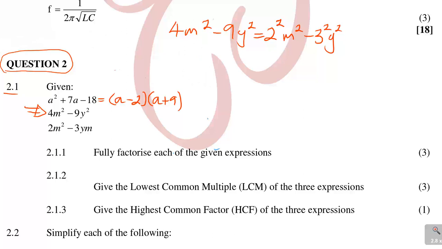Don't think that if m is a square and y is a square, you can now start applying the law to say 4m minus 9y and you have got your 4m plus 9y. This will become wrong because you didn't express the 4 in terms of the square. So don't forget that.